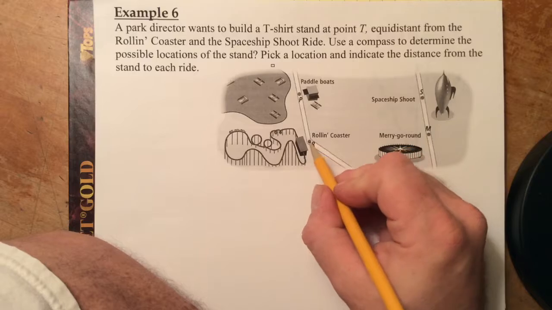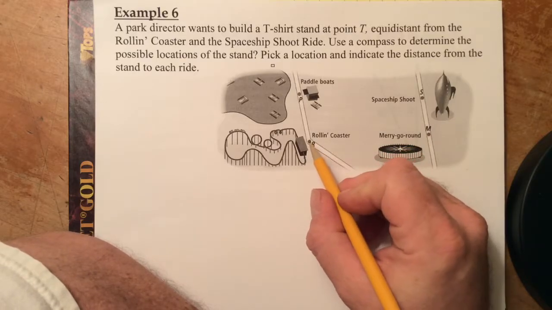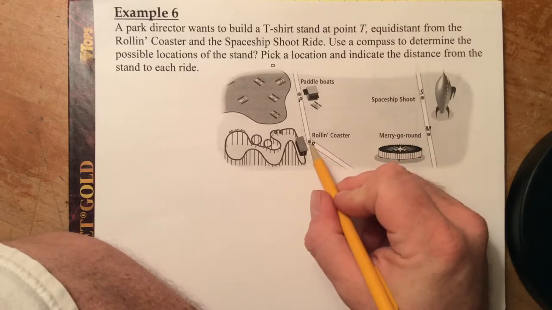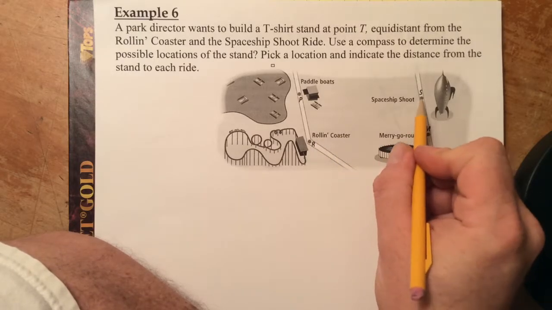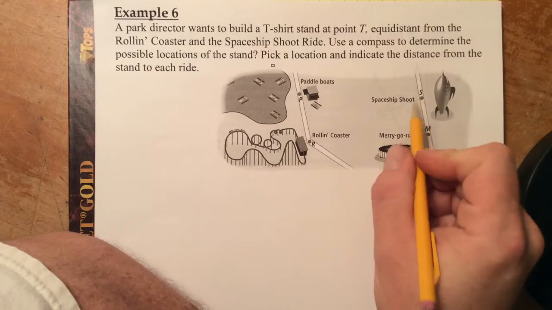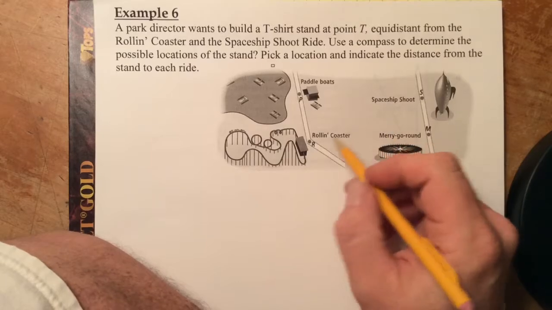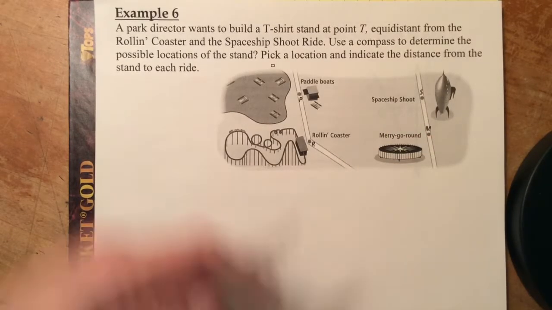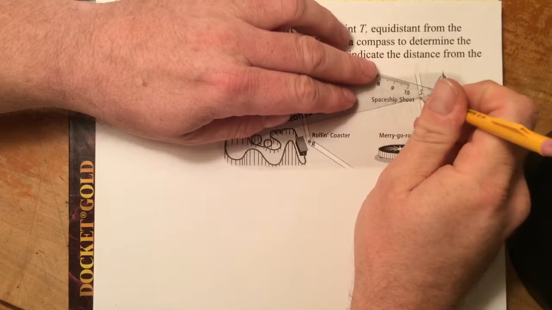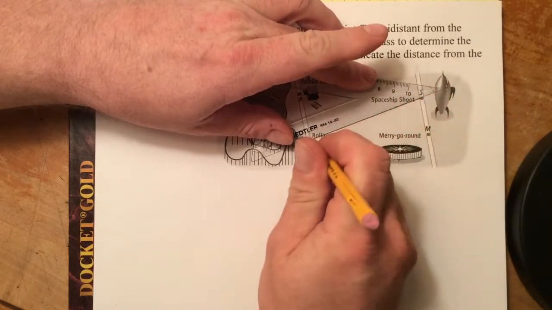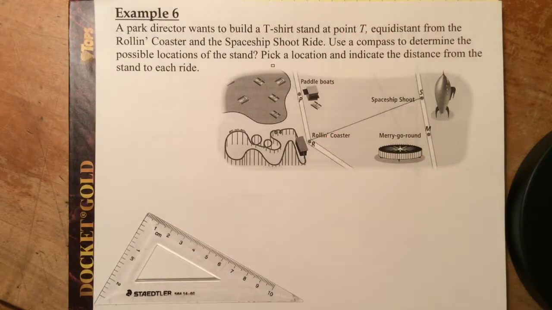Okay, so if we need this new t-shirt stand to be the same distance from itself to the roller coaster ride as to the spaceship chute, there's not just one place that could be. If we draw a line segment between the spaceship chute ride and the roller coaster ride, that can be our segment that we bisect.